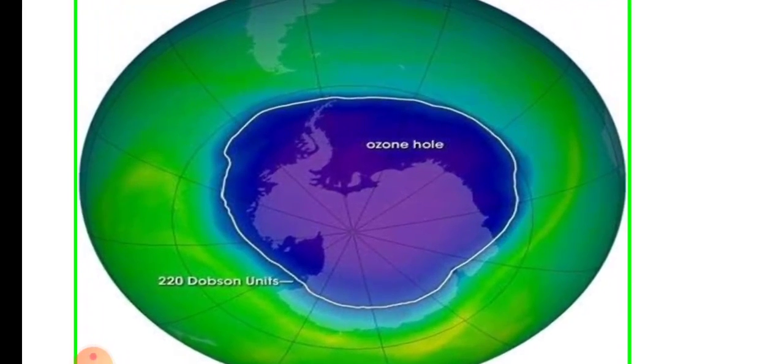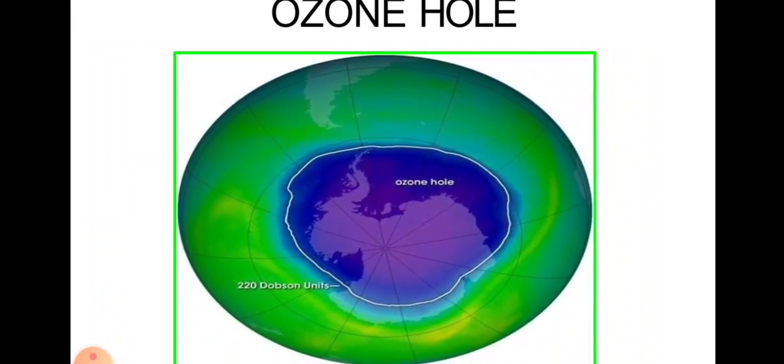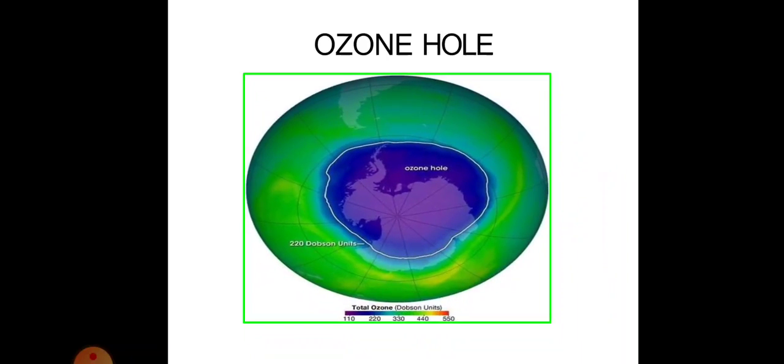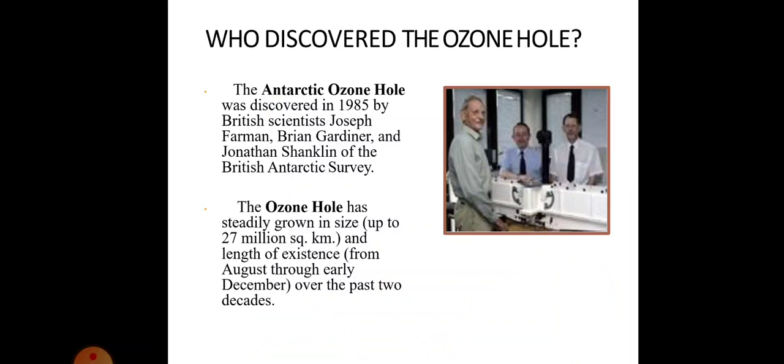This figure just shows how the ozone hole appears. The ozone hole was discovered in 1985 by British scientists Joseph Farman, Brian Gardiner, and Jonathan Shanklin of the British Antarctic Survey.